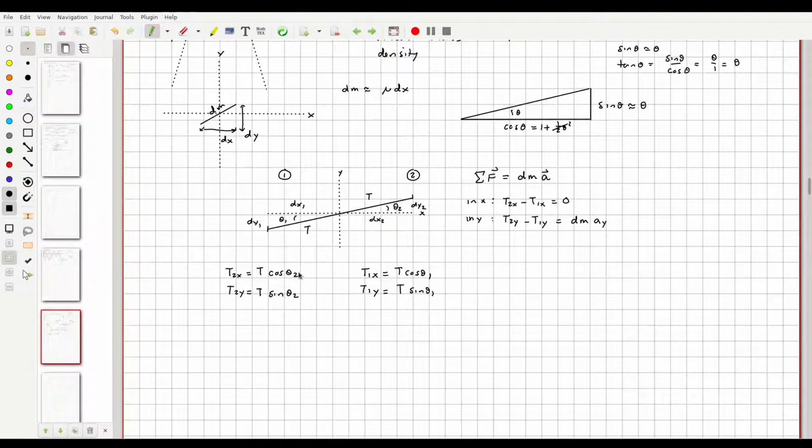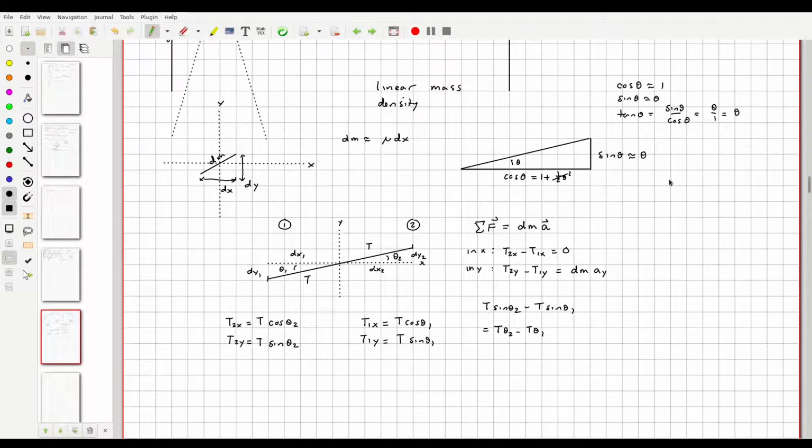Okay? So if you think of what's going on along the y direction here, remember, T2y is T sine of theta 2, and T1y is T sine of theta 1. So this can be written as T sine theta 2 minus T sine theta 1.